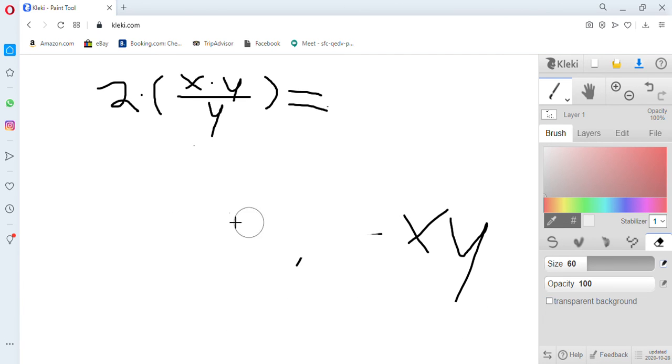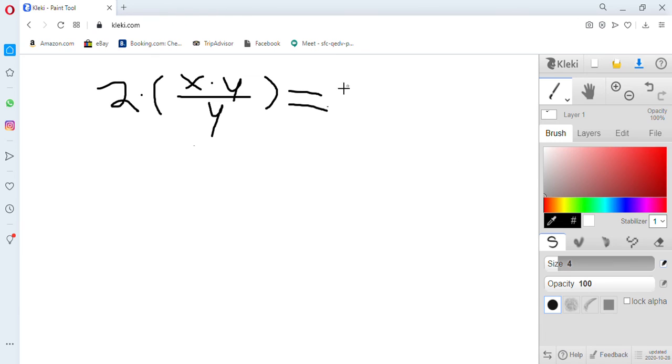But let's get on with this problem. So, x times y is xy, so that equals 2 times xy over y. It looks sloppy, I know, but still.